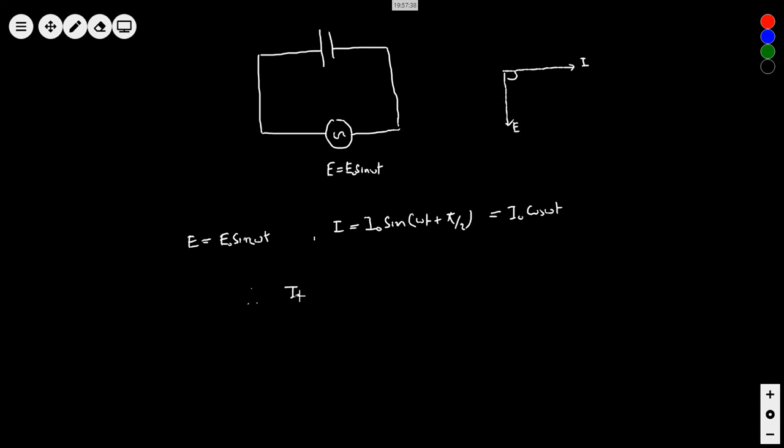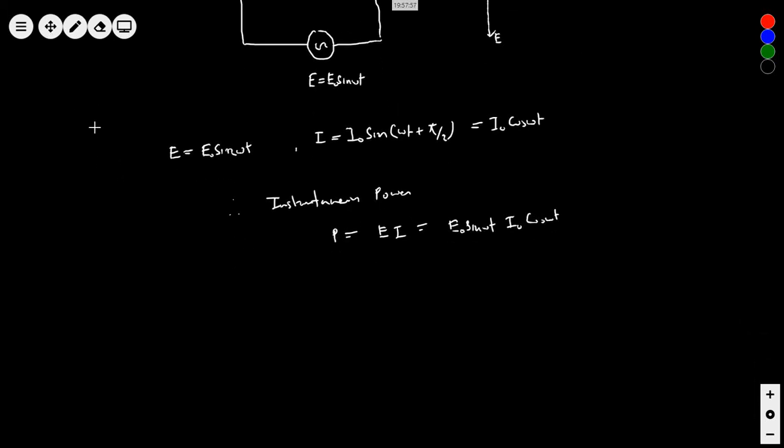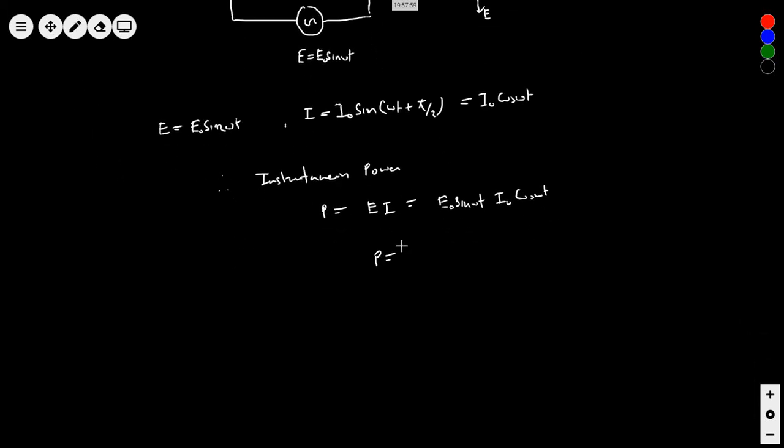Therefore, instantaneous power will be equal to E into I, which gives me E naught sine omega t times I naught cos omega t, multiplied by 2 and divided by 2, E naught I naught by 2 sine omega t cos omega t.